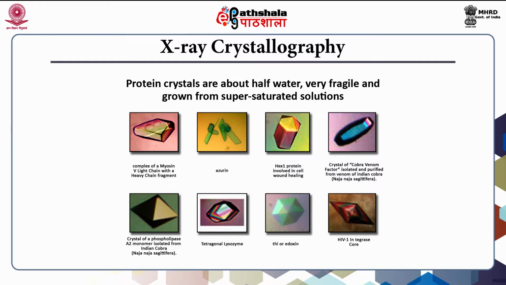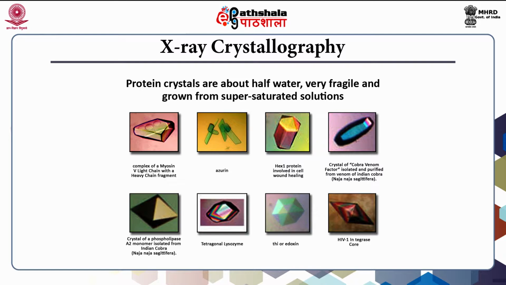For example, you see the myosin V light chain, a complex of myosin 5 light chain with a heavy chain fragment, which looks like a rectangular-shaped crystal. Here again we can see the blue color crystal, which is the crystal of cobra venom factor, isolated and purified from the venom of Indian cobra.